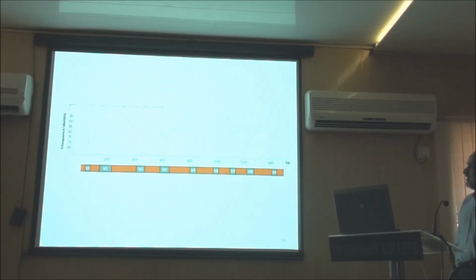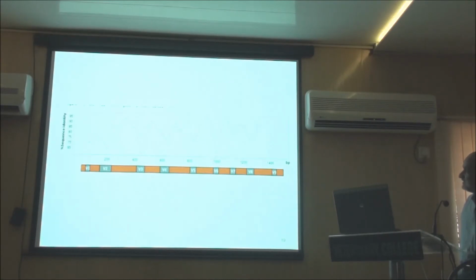So here the location on the sequence has been plotted against the percentage sequence identity, which means the extent of conservation of the sequence. And you will find that, for example, in region V2 the extent of variability is higher because your graph dips down there.